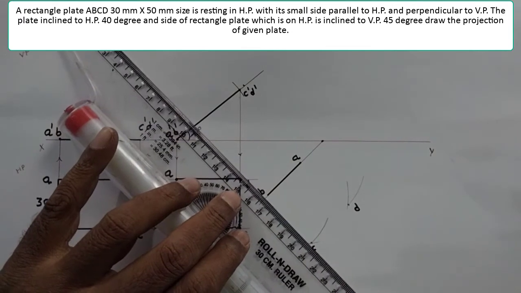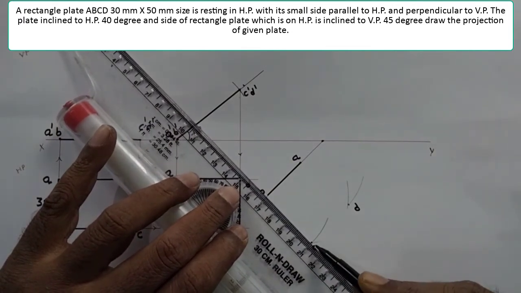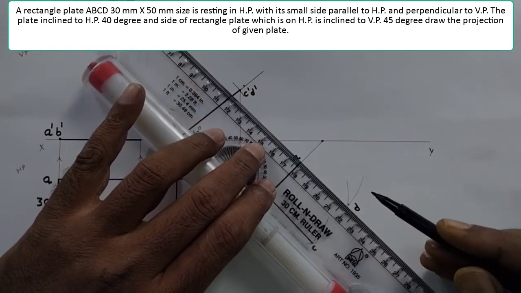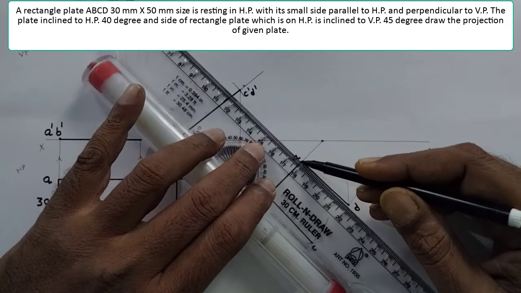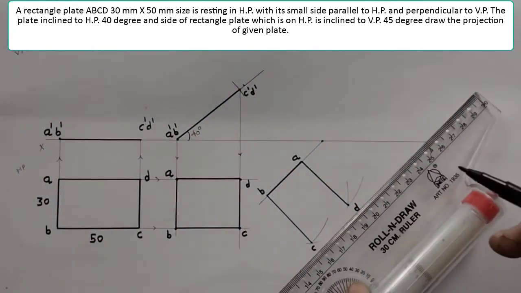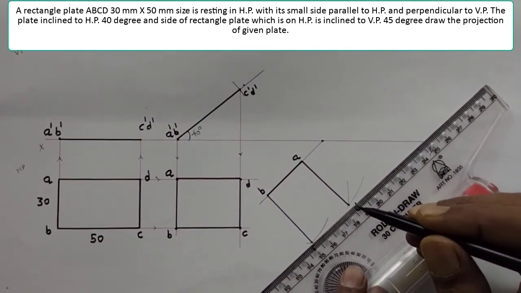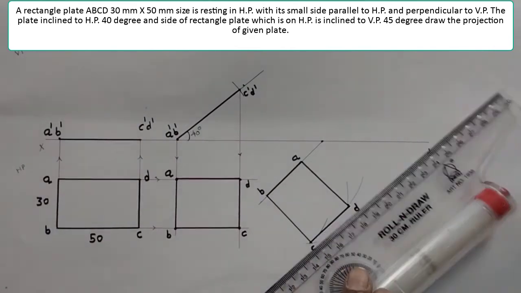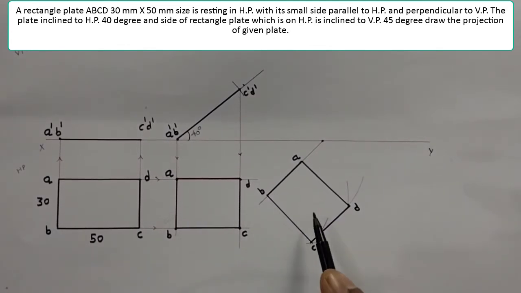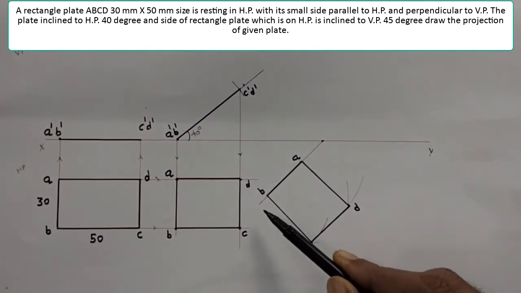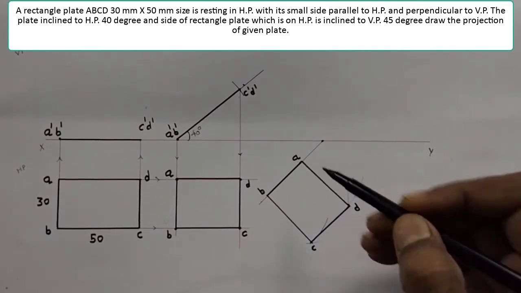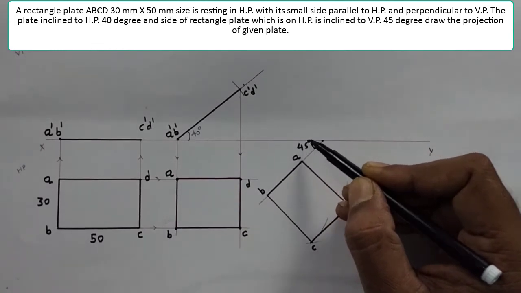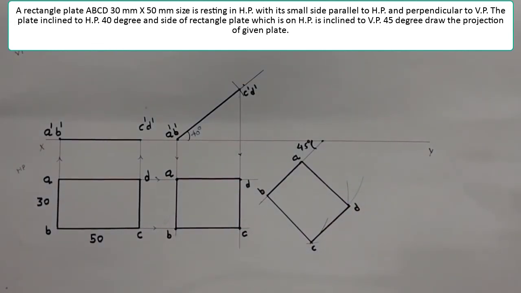I join B and C, and we arrange our same rectangular surface inclined to VP at 45 degrees as per the problem statements.